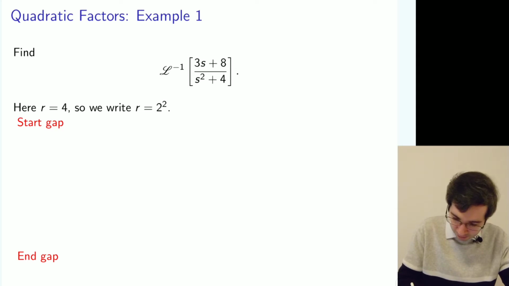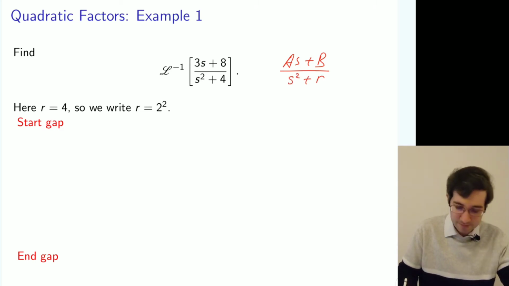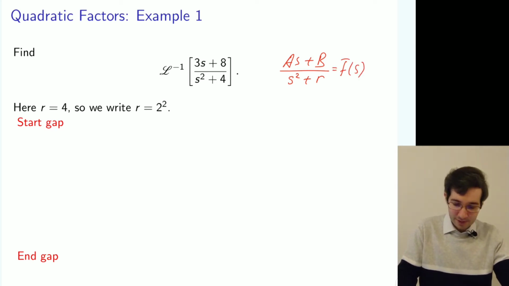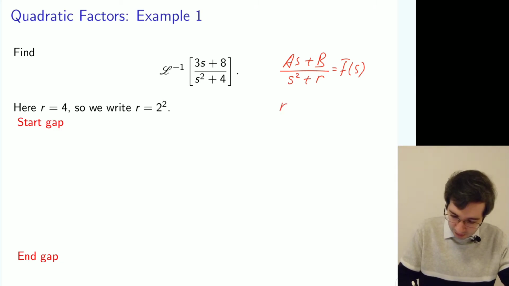Well, that was our general expression, something like as plus b over s squared plus r. That was our original f bar of s. And r, which is lambda squared, is 4.